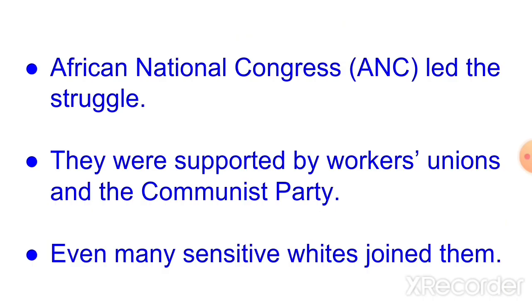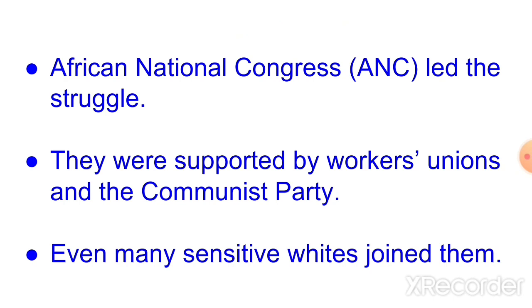The African National Congress was the organization that led the struggle against the whites, against the policies of segregation, that is, dividing the people.